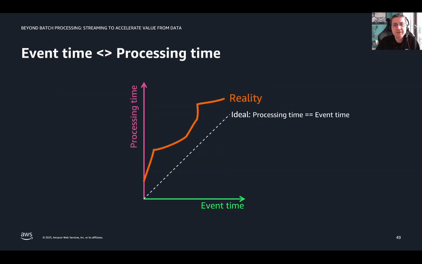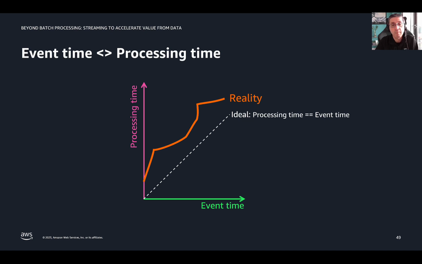This chart represents the relation between event time and processing time. In an ideal world, represented by the dashed white line, where information propagates instantaneously, processing time would always be identical to event time. Unfortunately, in the real world, represented by the orange line, source systems are distant. At the minimum, we are limited by the speed of light, but usually data propagates slower than that.